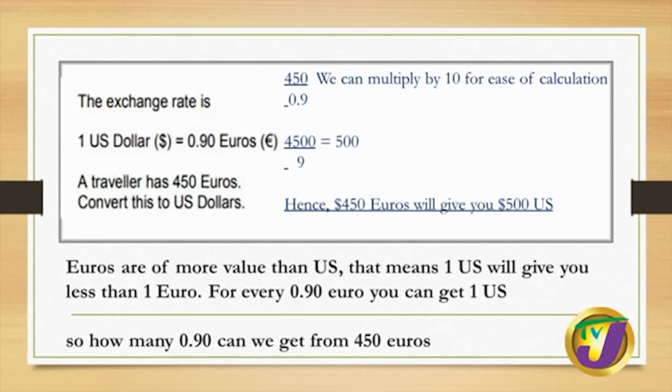And I've done it to both numbers. So I now have changed my 450 to 4,500 and my 0.9 to 9. Dividing 9 into 4,500, 500 US dollars will be equivalent, in this case, to 450 euros.